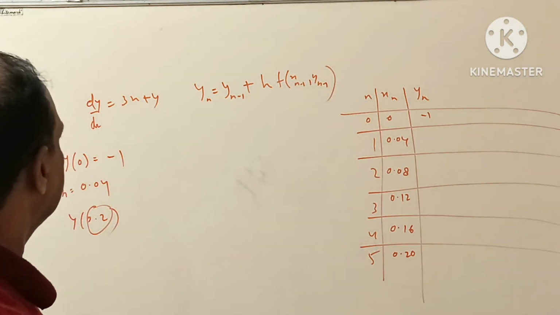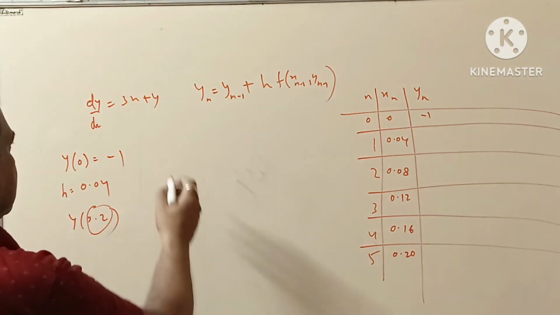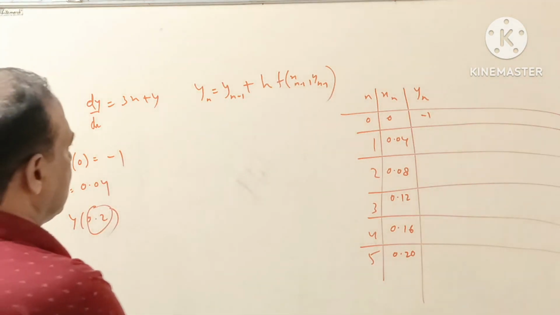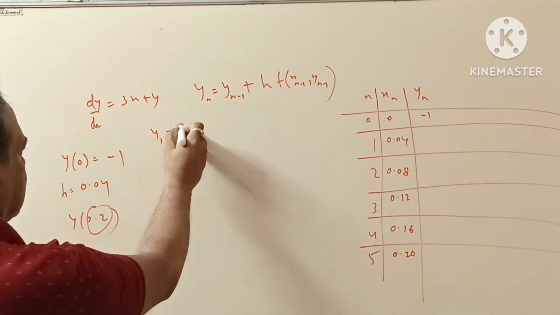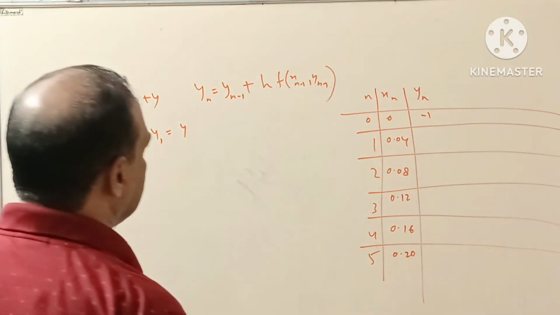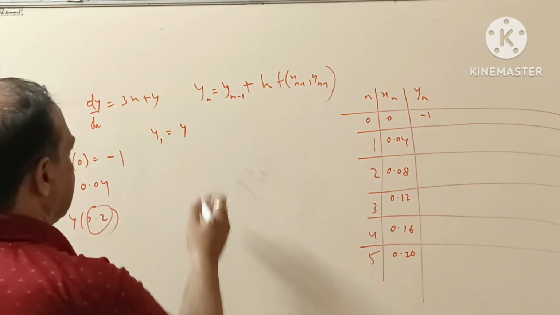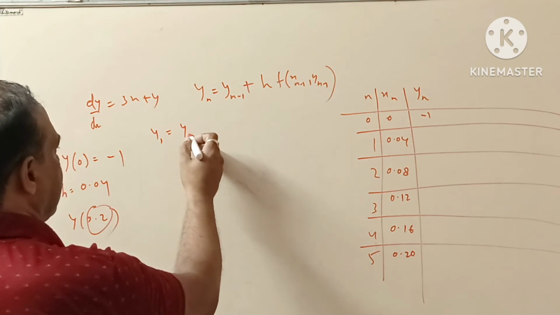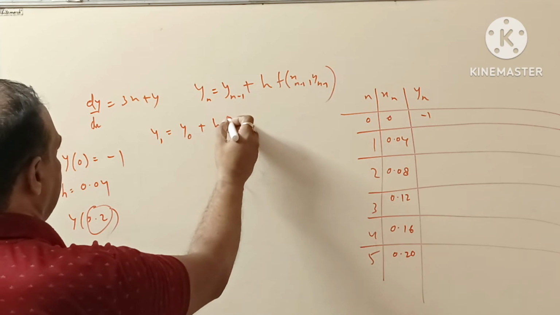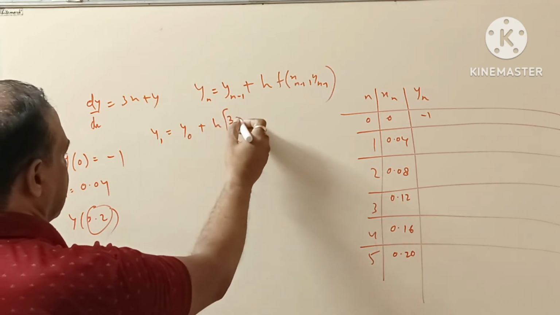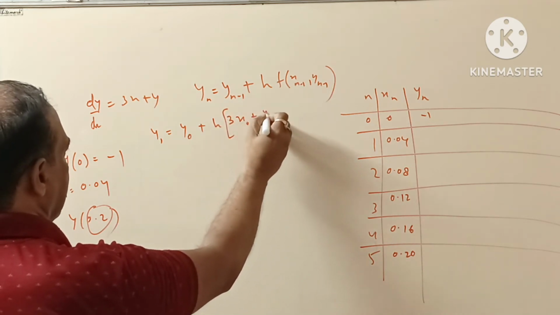Okay. Now here, the first term I have to find is y1. The value of y1 is equal to y naught plus h f of x naught and y naught.